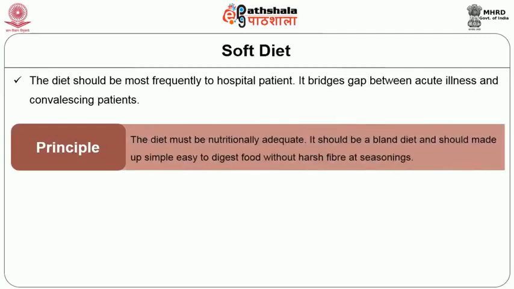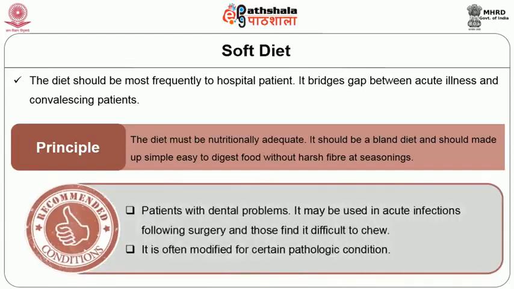It should be a bland diet, easily made and simple to digest. Foods with harsh fibers and seasonings are usually avoided. Patients with dental problems, persons with acute infections, persons following a surgery, and those who find it difficult to chew foods are often recommended this soft diet.